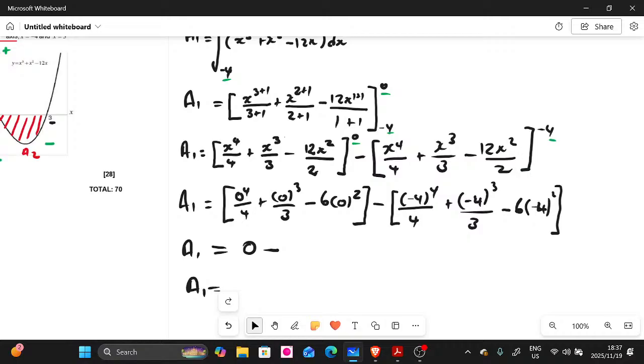Let's see what we have there. We're going to have minus 53.33, and then minus and minus gives you positive 53.33 unit square.